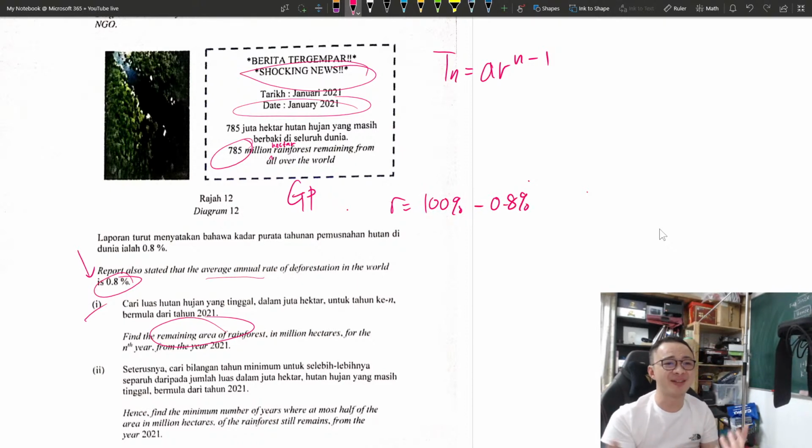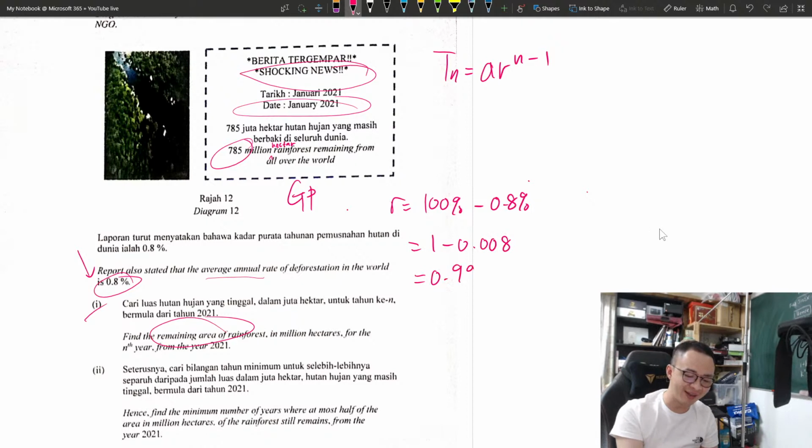Or if you prefer decimal, you can say it's 1 minus 0.008. So it should be 0.992. This will be your r value here, because you still remain about 99.2%, isn't it?